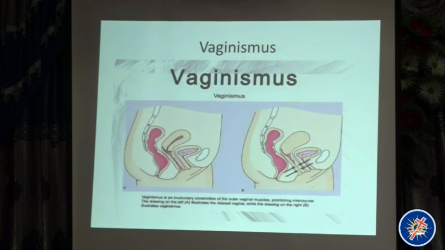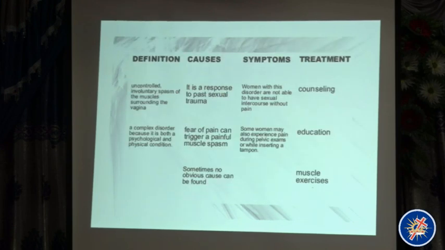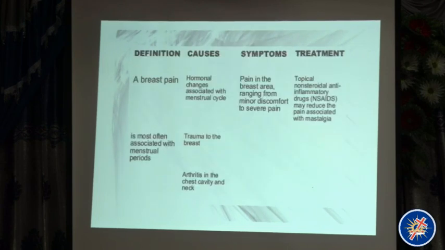Now, number two, the other problem that women get is called vaginismus. Vaginismus is a condition where there is involuntary contraction of the vaginal muscles, such that they cannot have sex, they cannot have coitus.